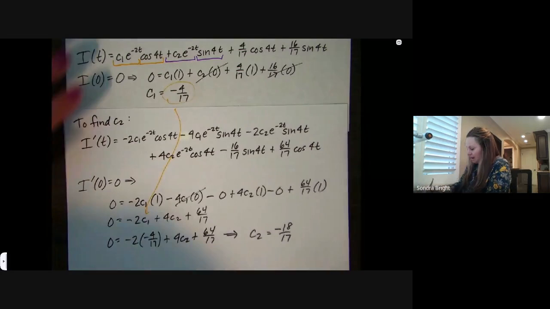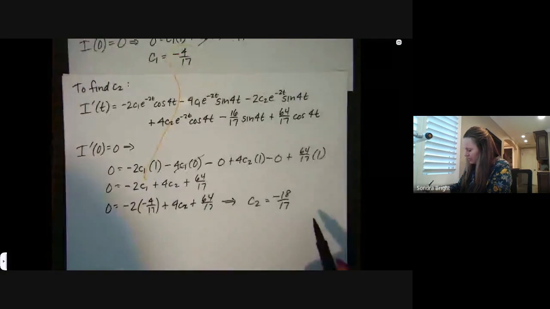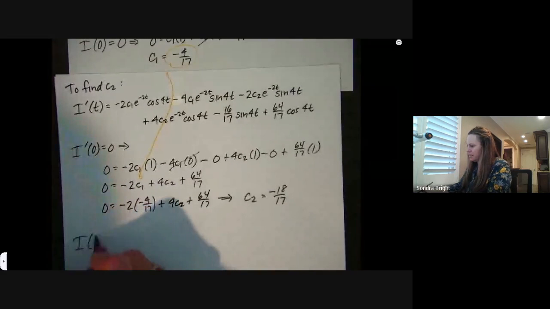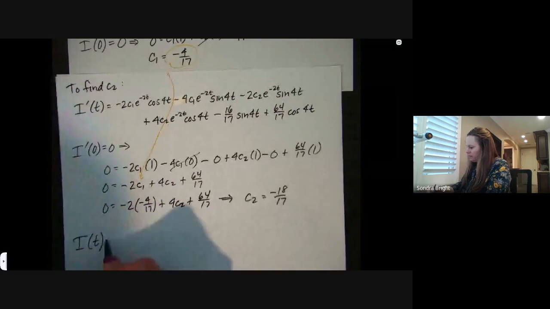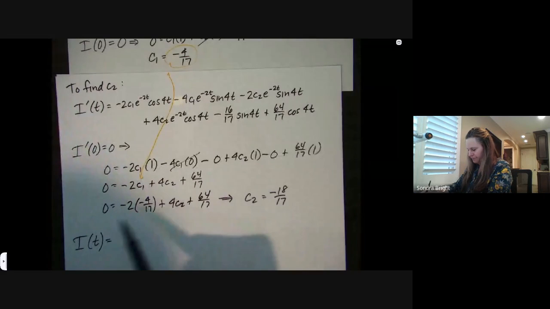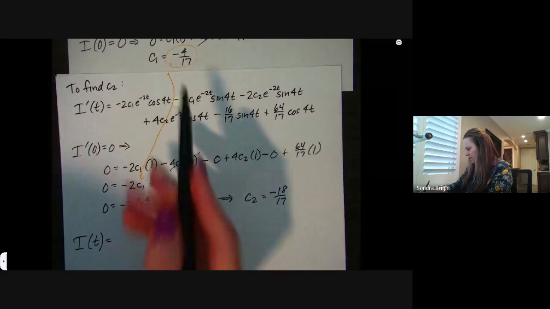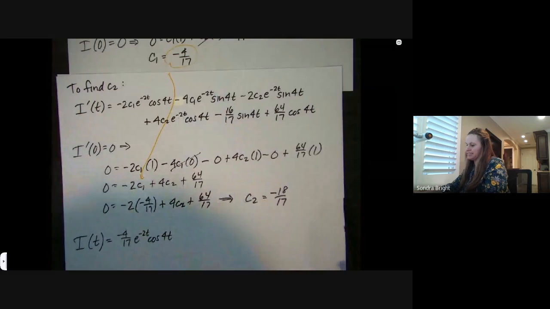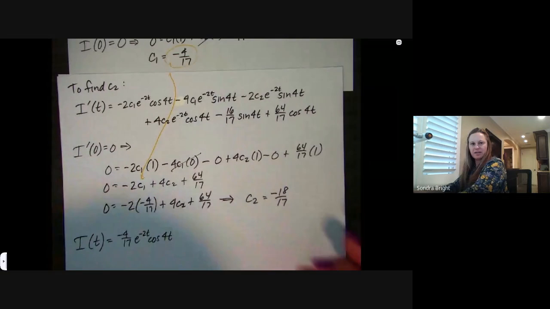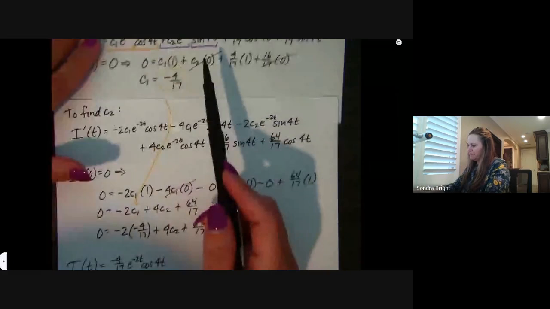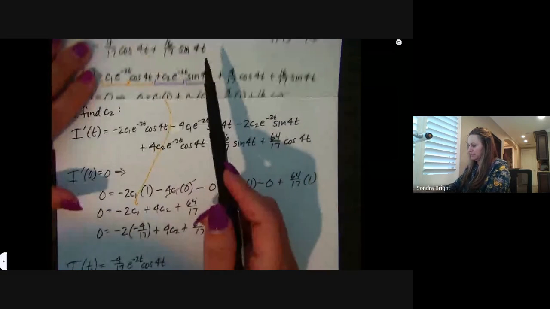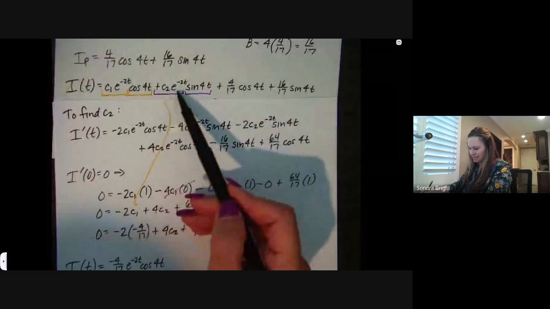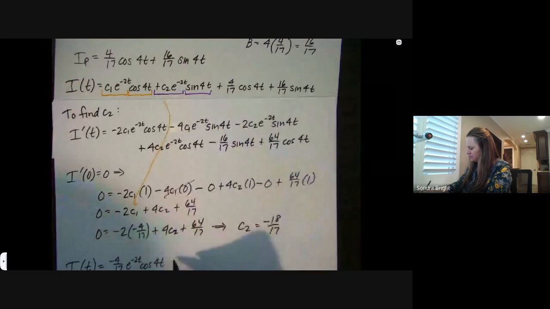And so we can plug these in now, and then we will be done. Your current as a function of time was C1, which we said was negative 4 over 17, e to the negative 2t cosine of 4t, plus C2 times these guys, and C2 we said was negative 18 over 17, and then e to the negative 2t sine of 4t, and then plus your particular.